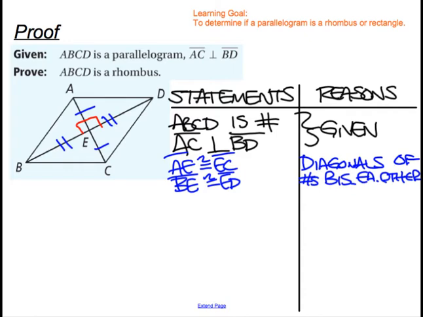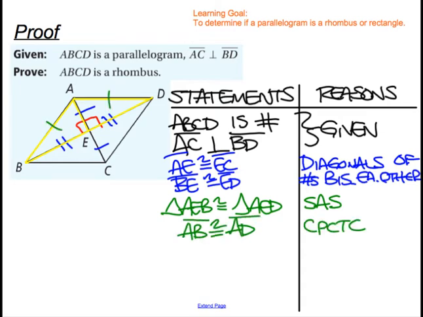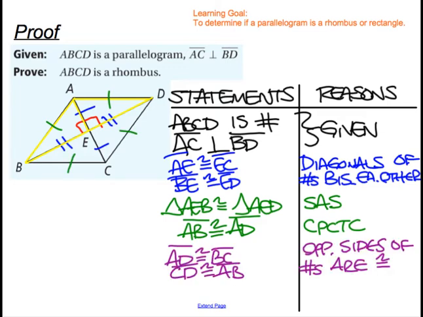If we then mark our diagram with the fact that AC is perpendicular to BD, we can see that triangle AEB is congruent to triangle AED by side angle side. This then leads to segment AB being congruent to segment AD by CPCTC.